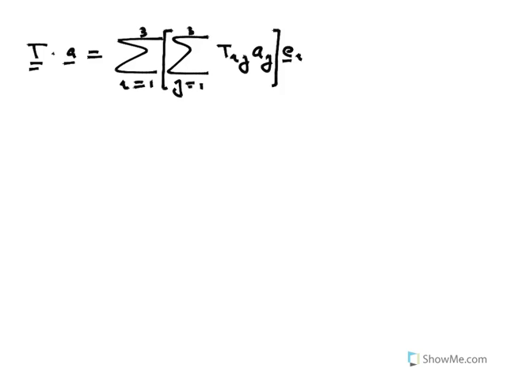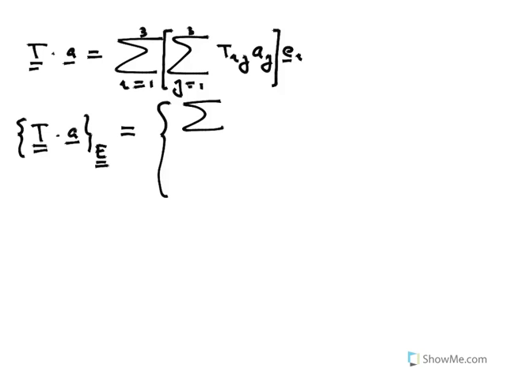And going back to what we had before, T operated on A expressed in the basis E is going to equal the following. If we write this out, it's the sum from j equals 1 to 3 of T1j Aj. That's what's in the first component.